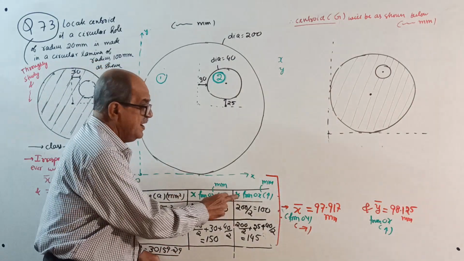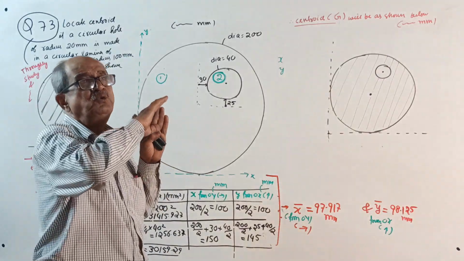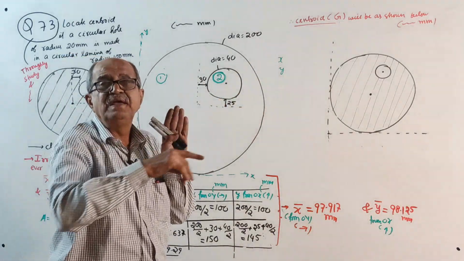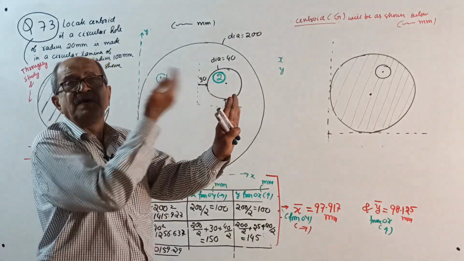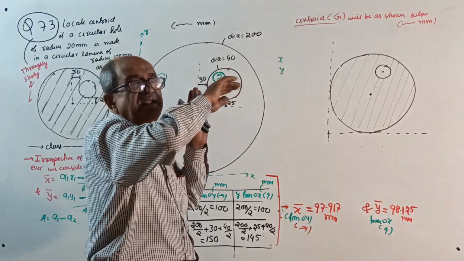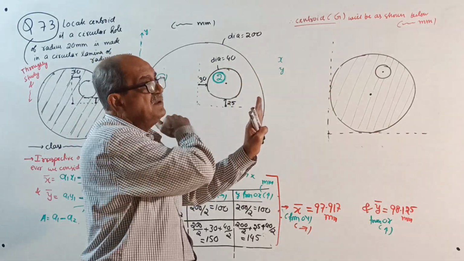Sign for x and y, that also make a note. How you consider x? If the distance is in the same direction, positive. If it is the other side, negative. See, you take x right side positive. If the distance is to right side, plus, left side minus.